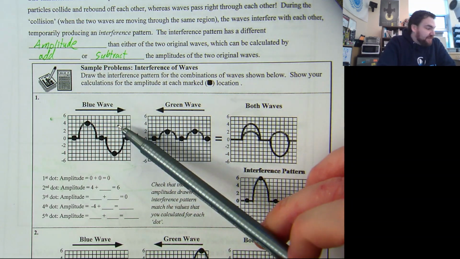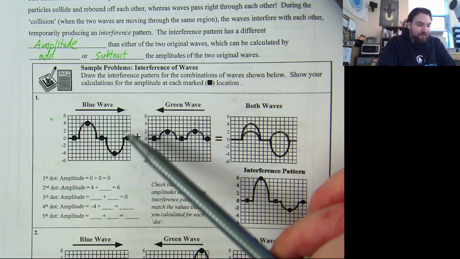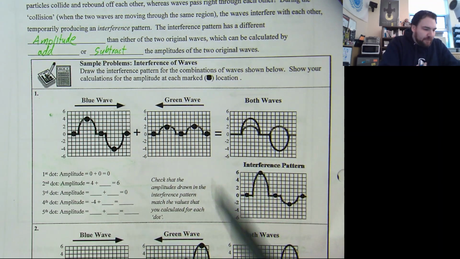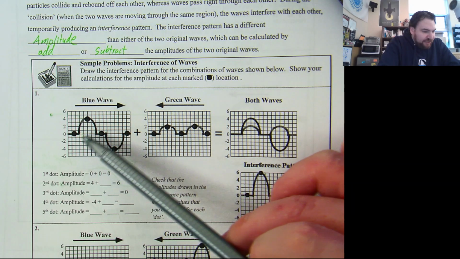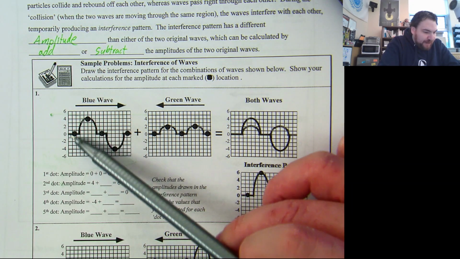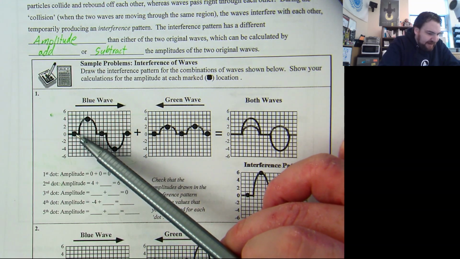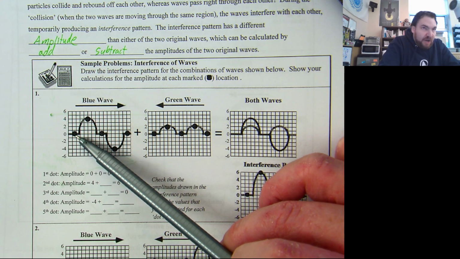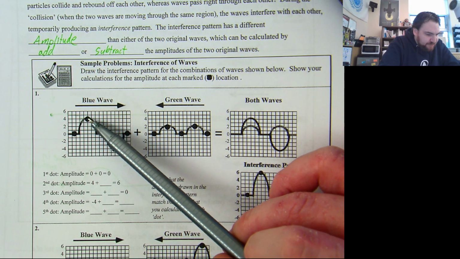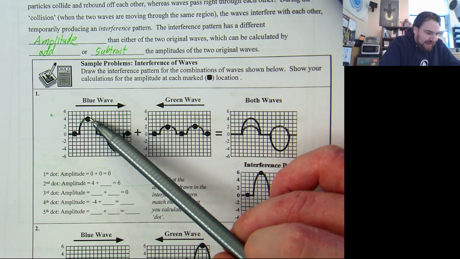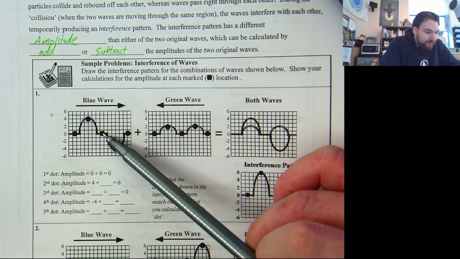So if I've got two different waves coming in, I've photocopied this so they don't look blue and green. But if I take a look at what's going on here, this first wave is coming in and moving to the right, and here it's at equilibrium. At this point, it has an amplitude of 4. Here it's at equilibrium again.